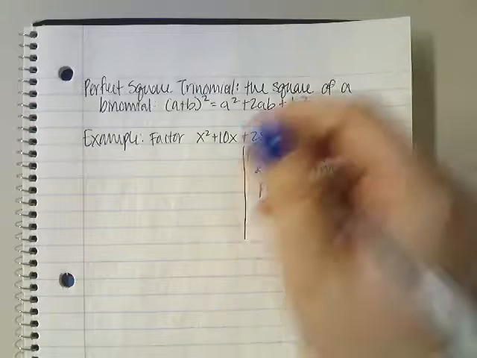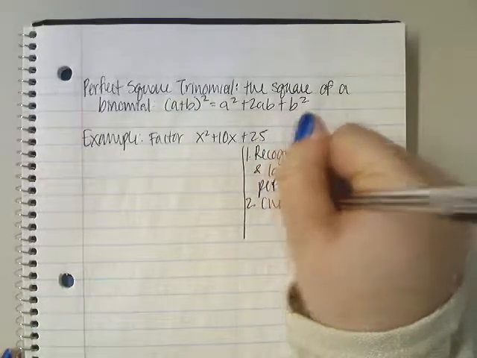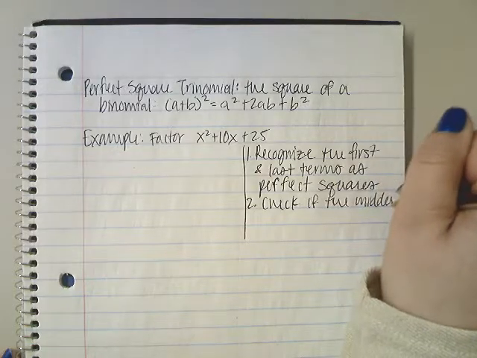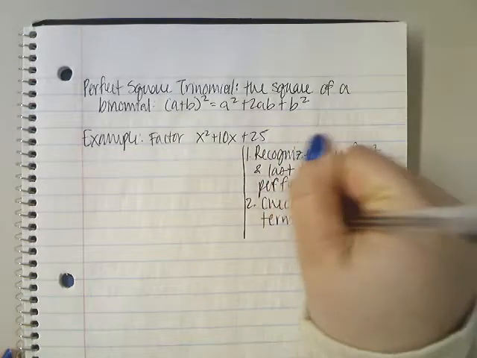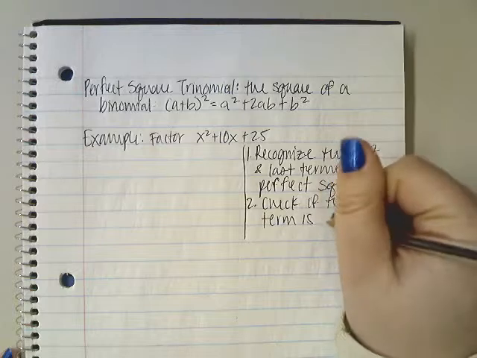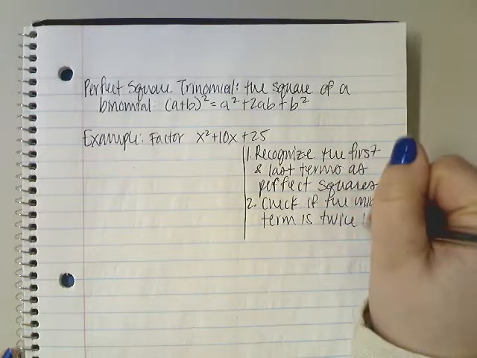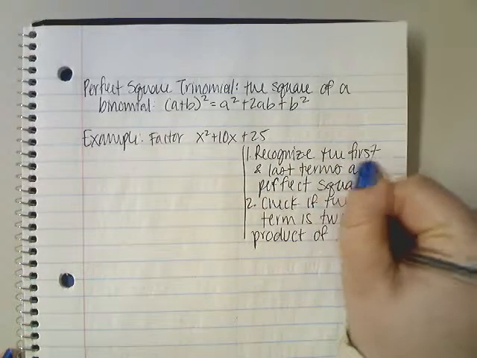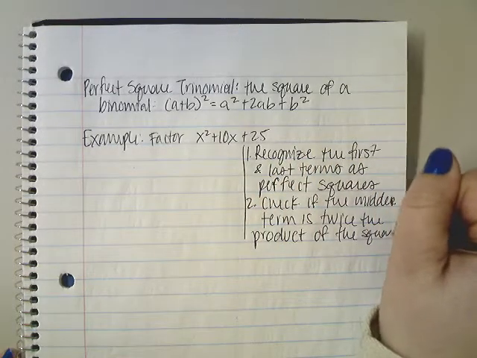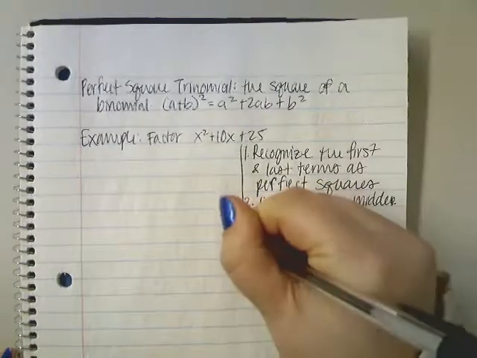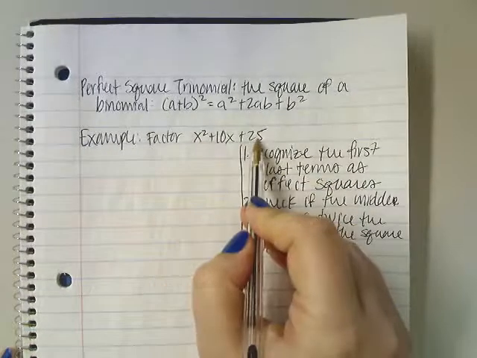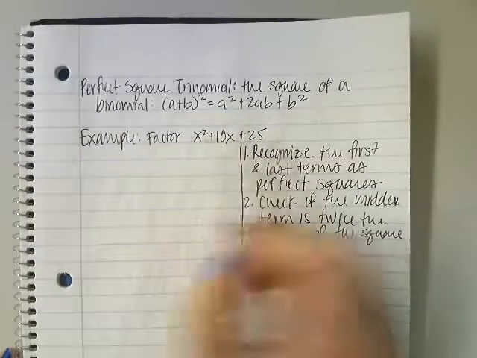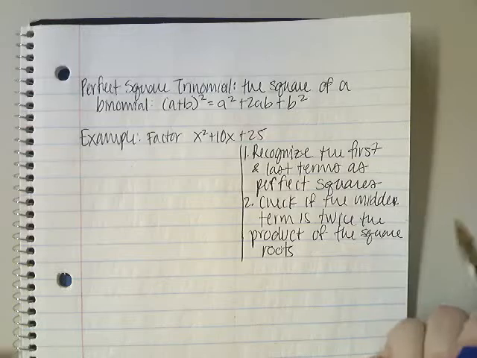And then I check to see if the middle term is twice the product of their square roots. That sounds confusing, but in your head, you know x and 5. So 2 times 5x is 10x. That is double their square roots. So I know it's a perfect square trinomial.